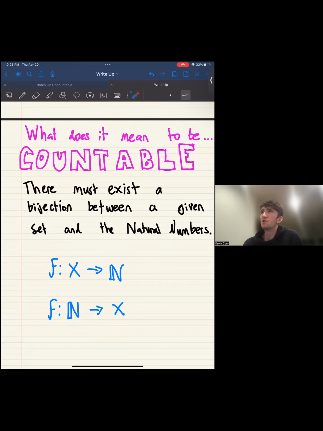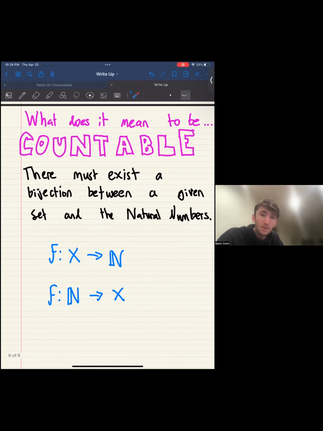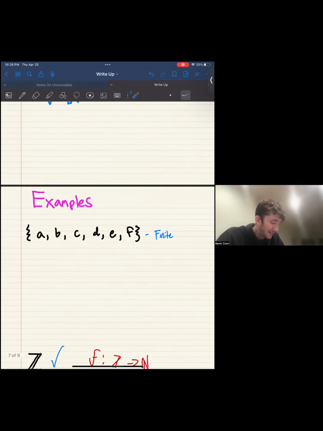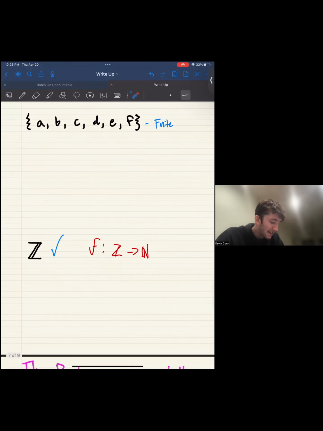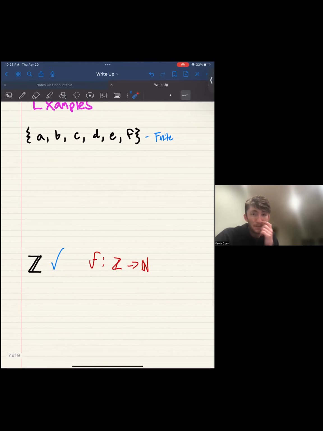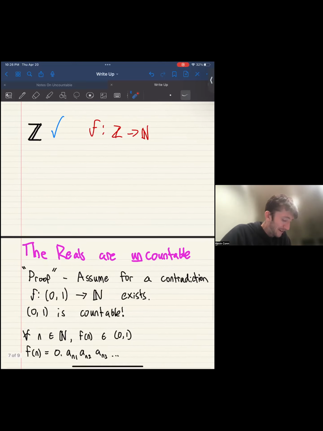So that means that there's no way to accurately match up elements from a given set to the natural numbers. That's what it means to be uncountable. And there's only one type of uncountable. If you are uncountable, you are uncountably infinite. I've got to admit, I really like the fact that there's two types of infinite, countable and uncountable. Yeah, math is so crazy.